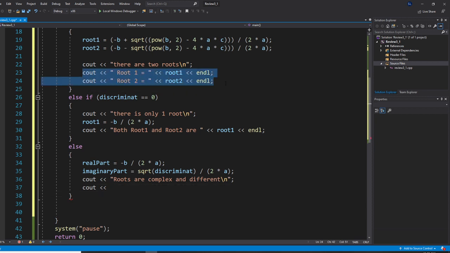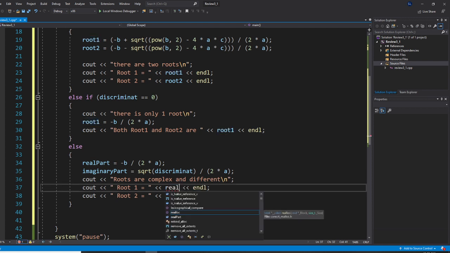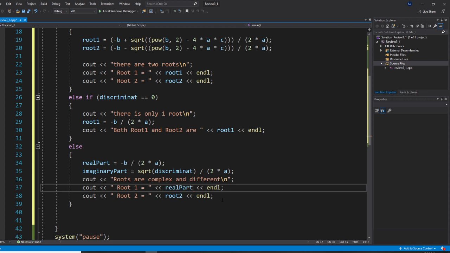Root 1, but I'm going to say this will be real part, then a plus sign with spaces, and then the imaginary part. Don't forget your imaginary part needs plus i. Then end of line.